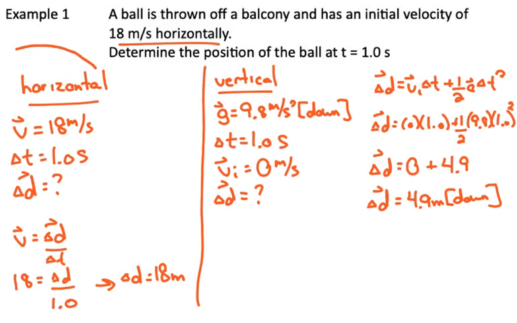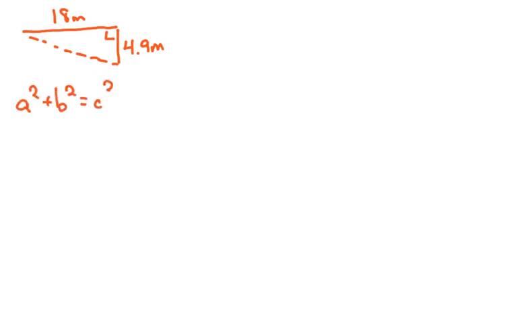Knowing that, we can determine the final position. So what this ball has really done is it has gone 18 meters horizontally, 4.9 meters down, and what we're actually concerned with is this position here. Because it's a right triangle, we can use Pythagorean theorem.